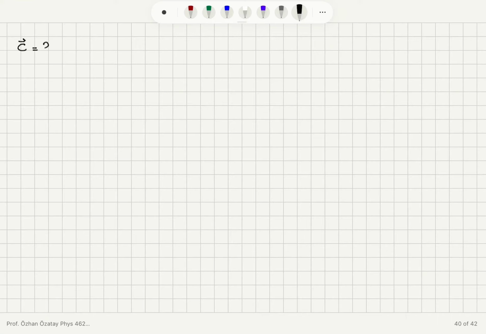So 2 pi over volume of the primitive cell, A cross B. Now I have to evaluate A cross B.